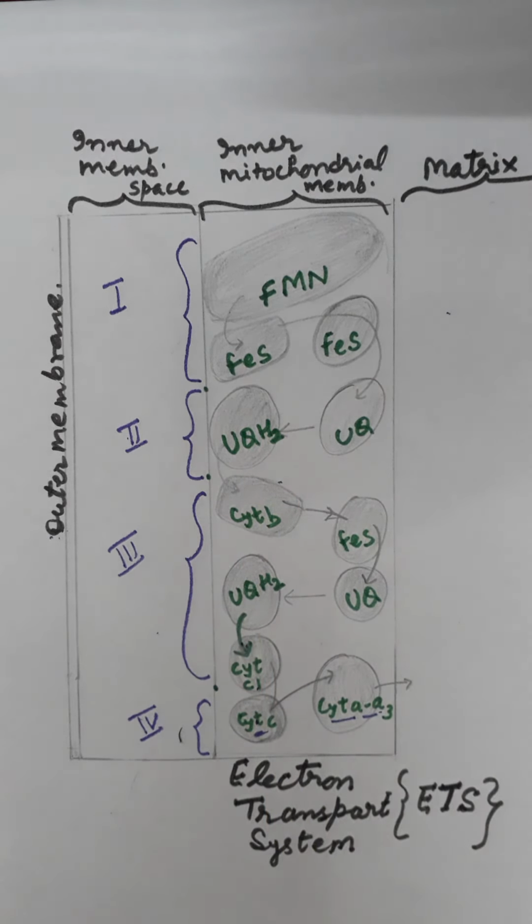From where do the electrons come? As we already discussed, NADH2 is produced in glycolysis and Krebs cycle. Along with this, FADH2 is produced in Krebs cycle.